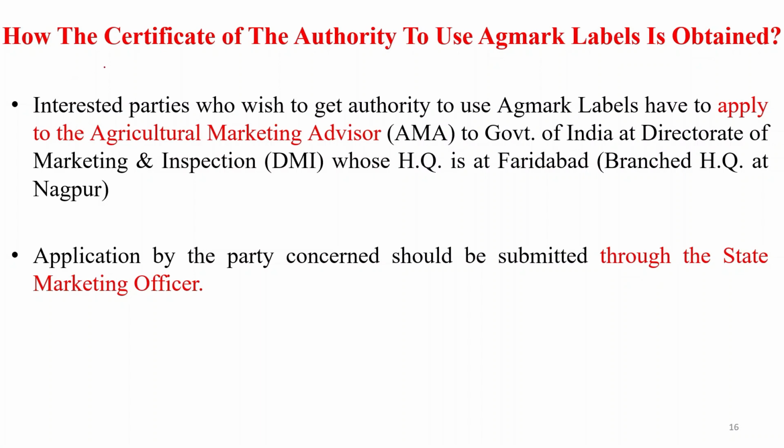Now first, the interested parties who wish to get authority to use AGMARK labels have to apply to the agricultural marketing advisor through the state marketing officer to the Government of India at the Directorate of Marketing and Inspection, whose headquarters is Faridabad, branch headquarters is Nagpur.